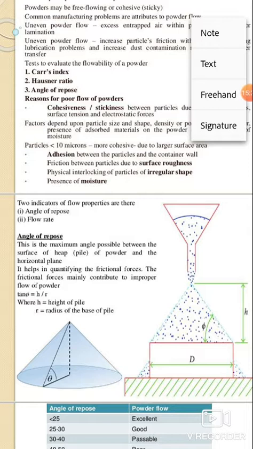In this process you can adjust a lower or higher amount of glidant or lubricant, so the flow property of powders is affected by the addition of unequal quantities of glidant and lubricants. These flow properties of powders we can determine by different processes. First one is Carr's index, next one is Hausner ratio, and the most popular technique is angle of repose.